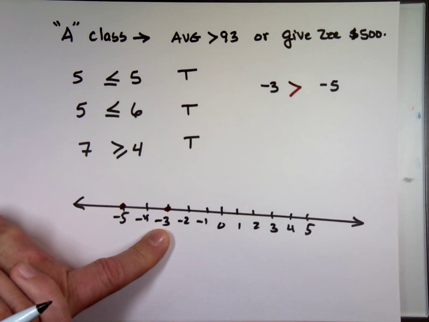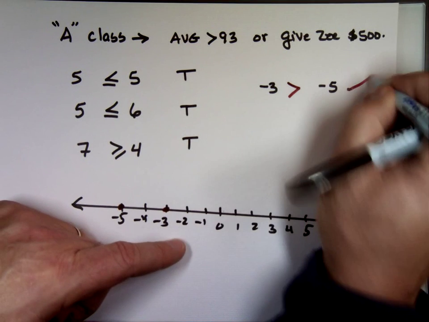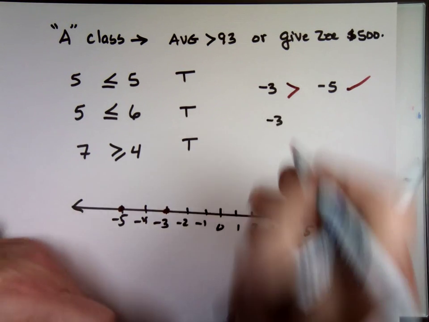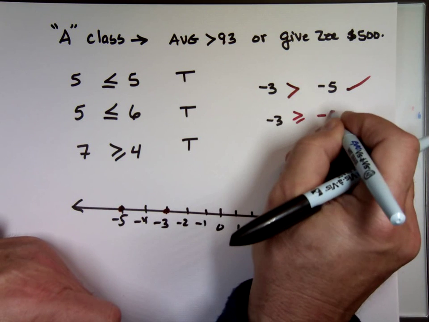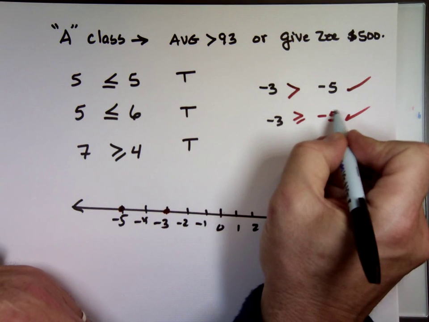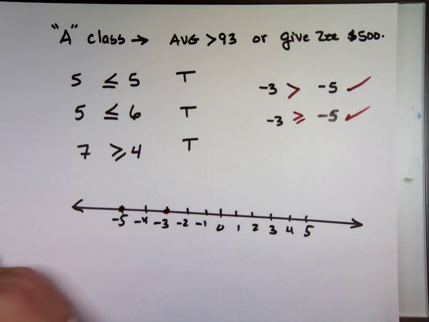So I can say -3 is bigger than -5, and that's true. Or I can write that -3 is greater than or equal to -5, and that's also true. So I can write it either way. Both are correct.